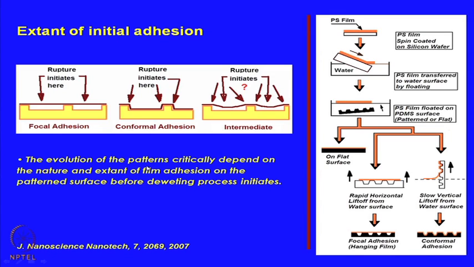But what is typically done in this case is a rather complicated but pretty well known experimental protocol, which is based on floating of a thin film on a liquid surface, let us say an inert liquid surface like water. A polystyrene or any polymer film is first spin coated on a flat surface, and then it is peeled off from that surface by floating on water.